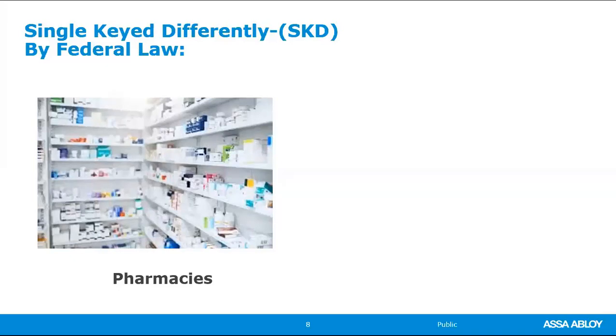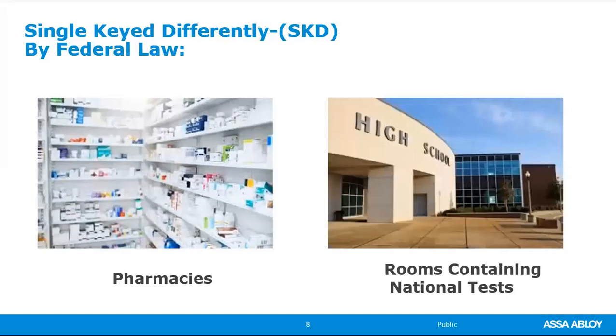The second type of opening that has got to be on single key differently is any room K through 12 that has national testing. If any of you were in the locksmith business or are still in the locksmith business, I remember when different schools used to call me out during certain times of the year and say, hey, please come rekey this door.